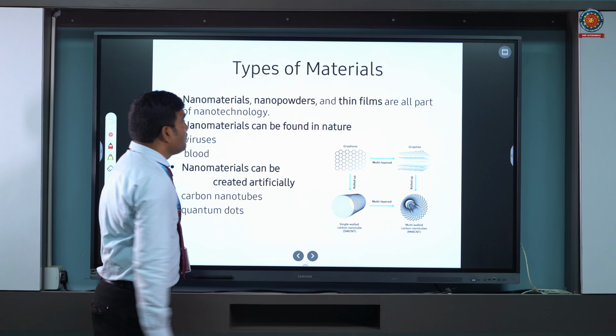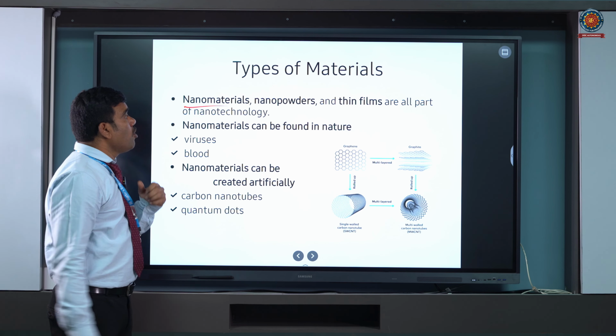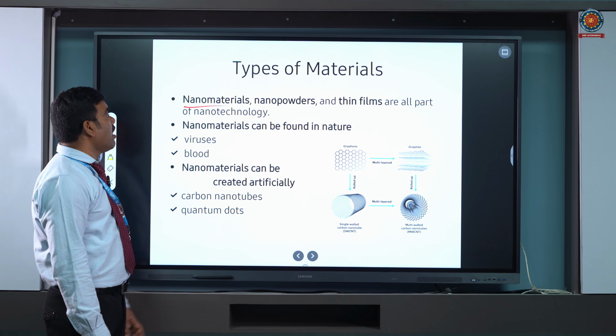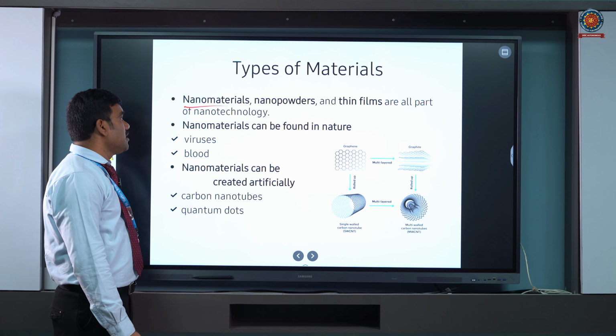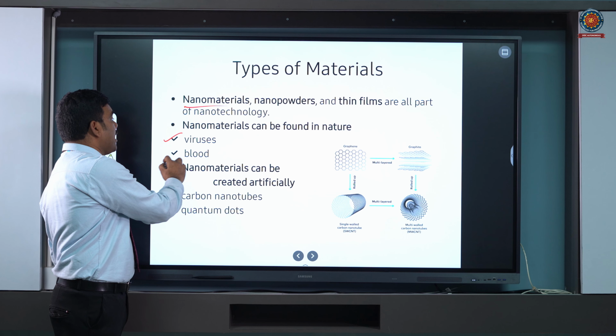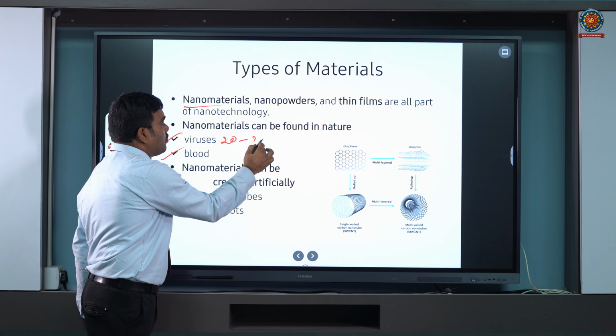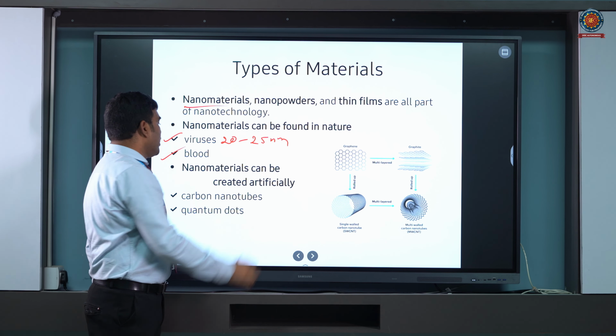Another part is types of materials. Nanomaterials, nano powders, and thin films are part of nanotechnology. Nanomaterials can be found in nature, such as viruses. Generally, virus size is 20 to 25 nanometers.